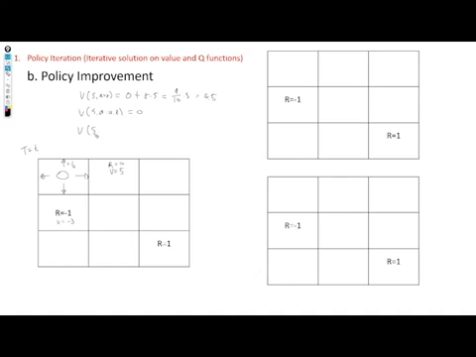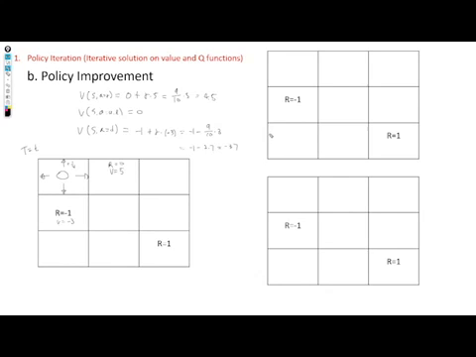And then if we finally choose to move down, that value will be negative 1 plus gamma times negative 3, and that is negative 1 minus 9/10 times 3, and that is negative 3.7, I think. Is that right? Yeah, I think.